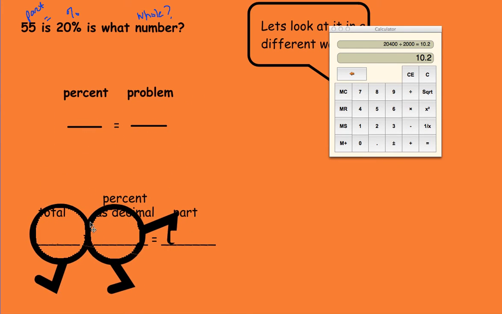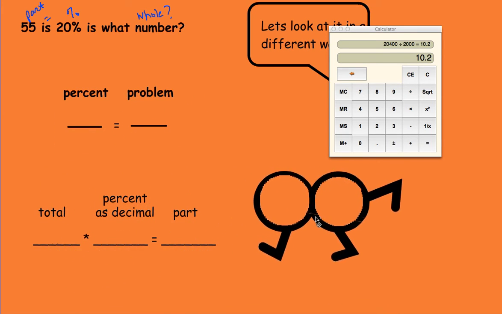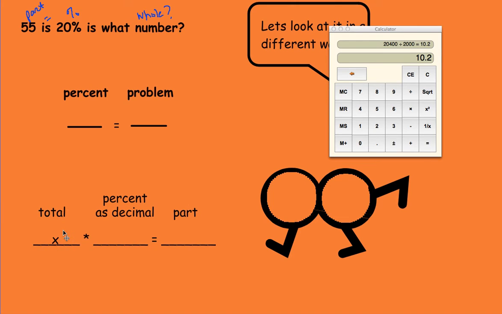Or I know that my total, in this case, is unknown, but that my decimal is 20 hundredths, and that my part is 55.